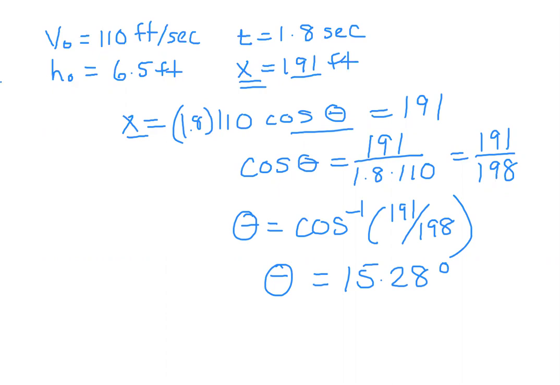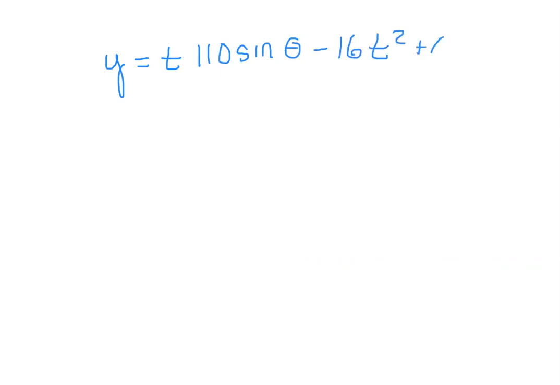Okay, what was the height of the ball when it was caught by the player at home plate? So the height is y, so we need to find y. Our y equals t times 110 sine theta minus 16t squared plus 6.5.